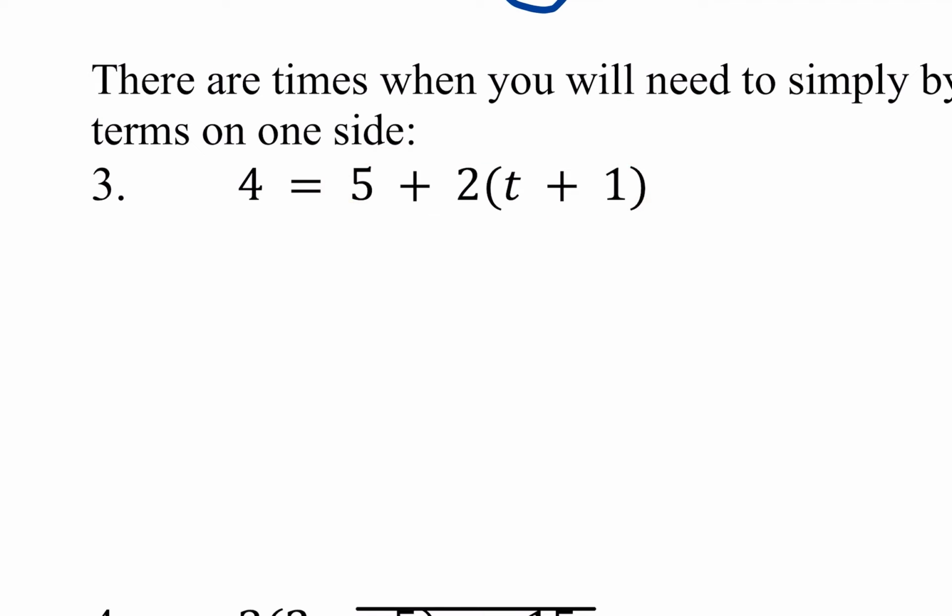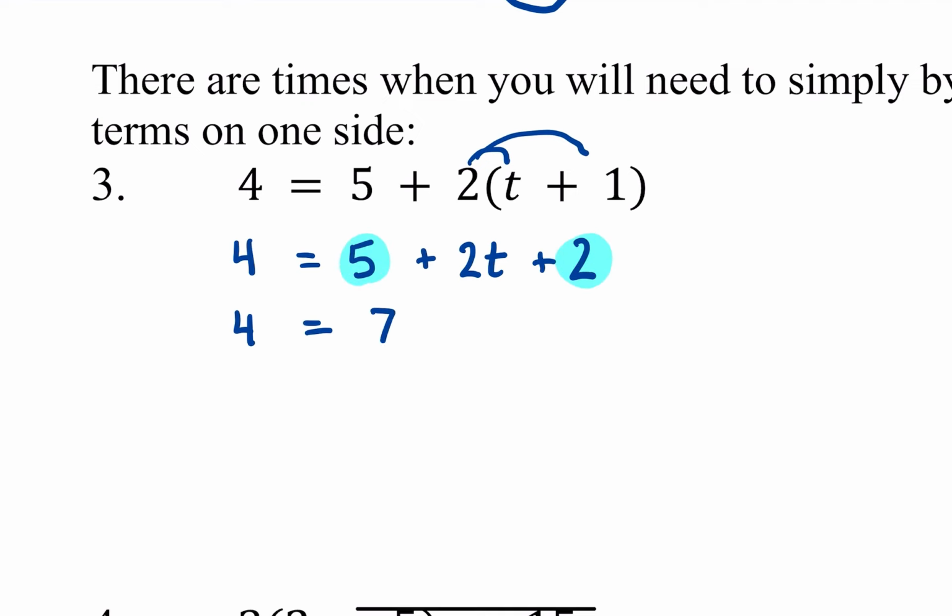So the 4 will come down. I'll leave the 5 here, but I want to distribute the 2. So this is going to give me a plus 2t plus 2. And then before I do any sort of movement, I'm going to combine the like terms of the 5 and the 2. So this is 7 plus 2t.